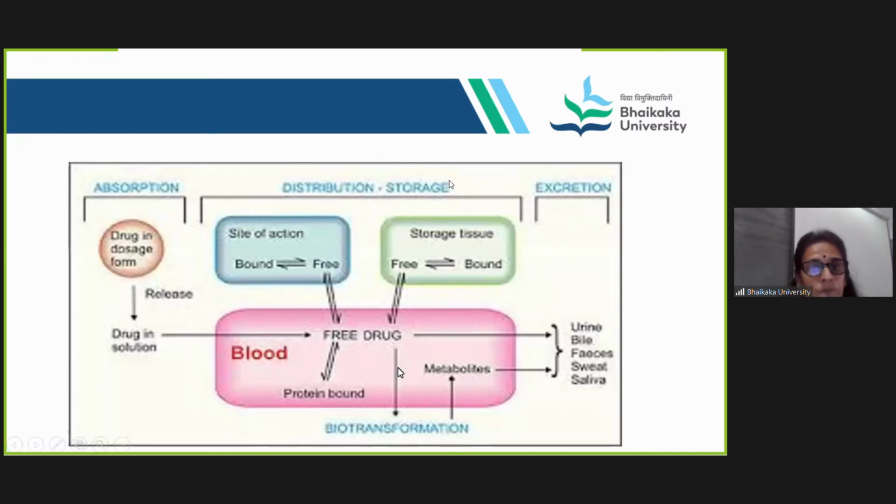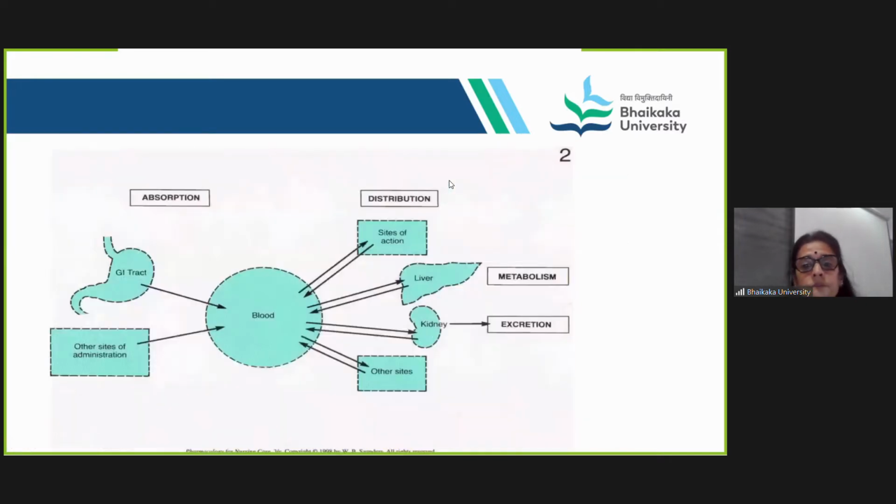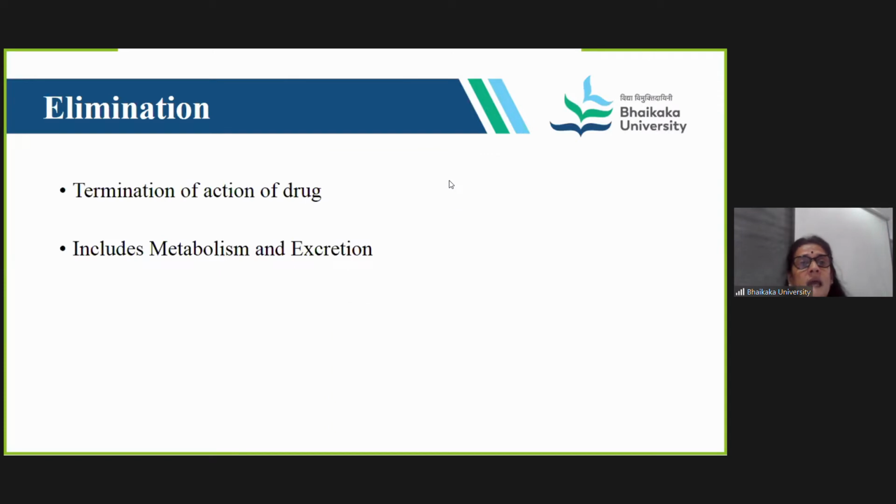So here, what is elimination? Elimination here is related to termination of action of drugs. So elimination includes both processes of pharmacokinetics, that is metabolism and excretion.